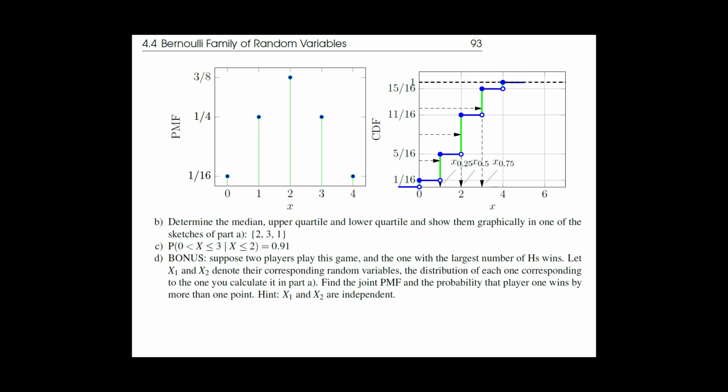Part B asks for the median and upper quartile, so we know how to do that already. We start here for the median, for example, at 0.5, and go this way and down. Therefore, the median is 2, like in here. And the rest we know how to do.